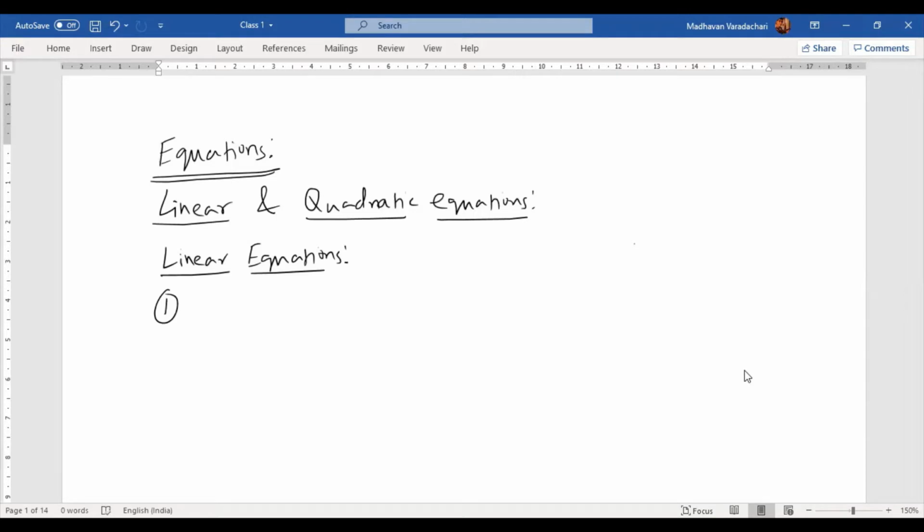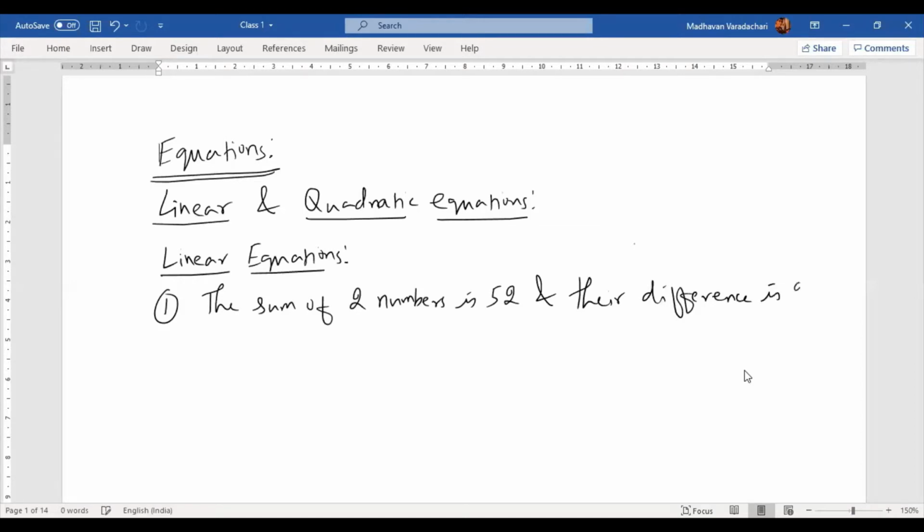Let me start with question number 1. The sum of two numbers is 52 and their difference is 2.